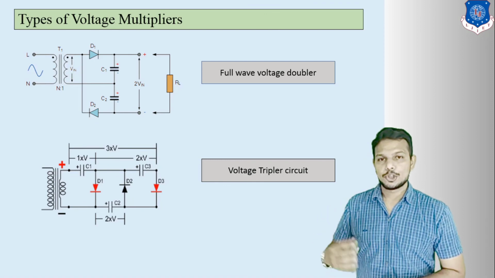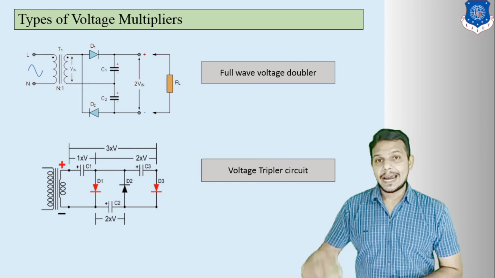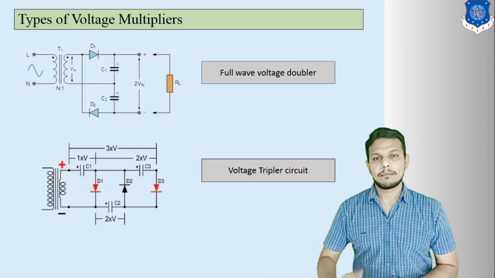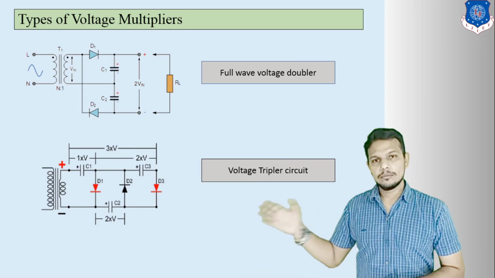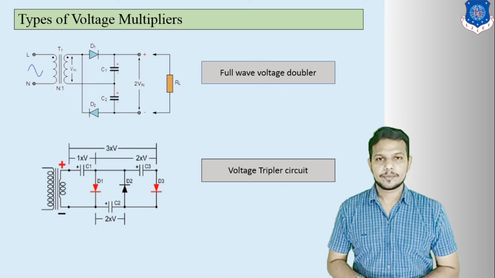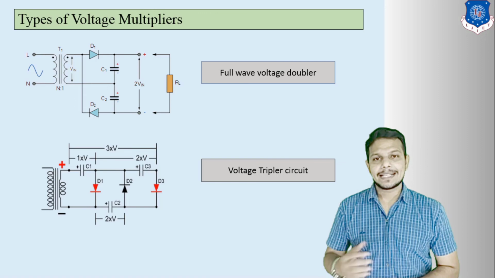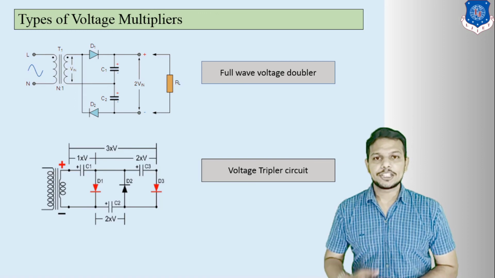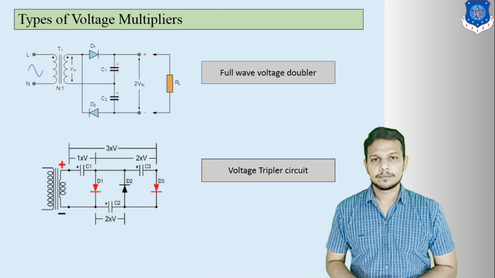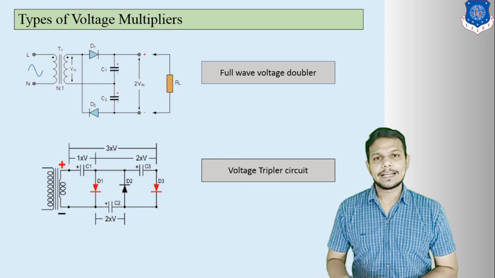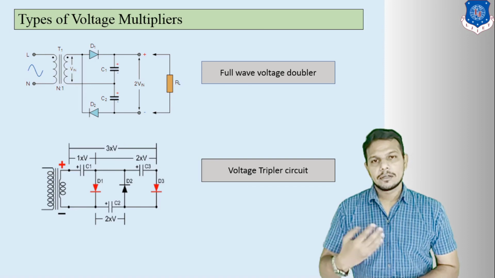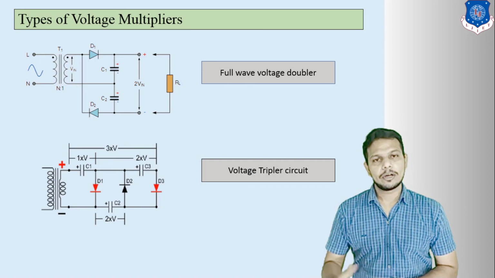That means you can make an n-fold voltage multiplier by adding diodes in this manner. Similarly, you can make a voltage quadrupler circuit, that means you will get 4 times Vm at your output side.